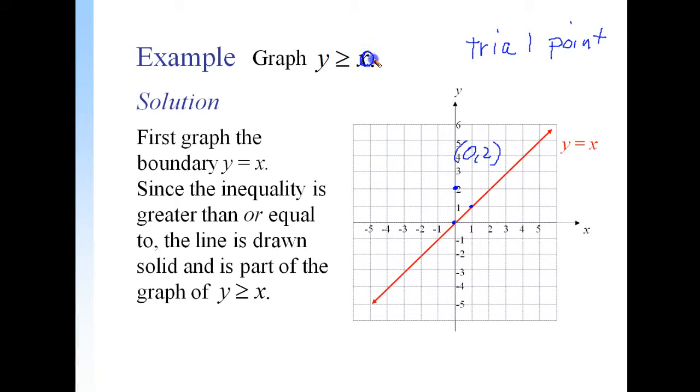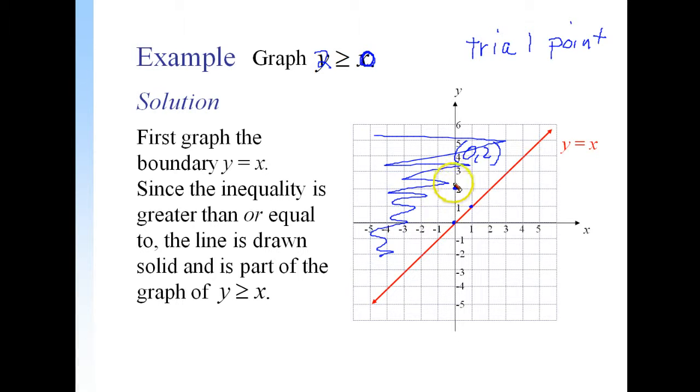So x is 0 and y is 2. Is this a true statement? Is 2 greater than or equal to 0? And the answer is yes. So that is the region we shade.